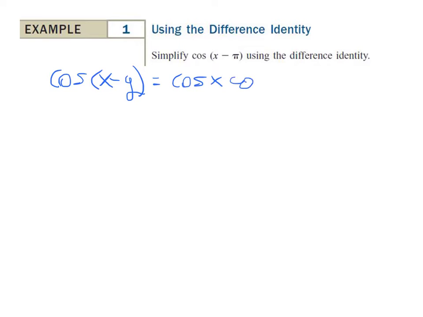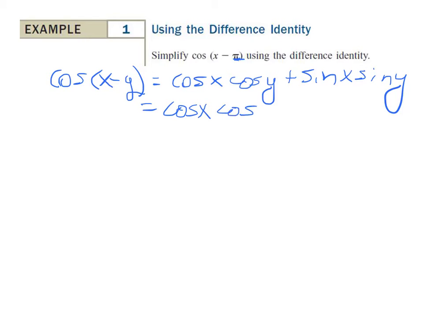Cosine x, cosine y, and if everybody's negative, it's always positive. So sine x, sine y. And all you're really doing is you're replacing your y with pi. So we've got the cosine of x, cosine of pi, plus the sine of x, sine of pi.